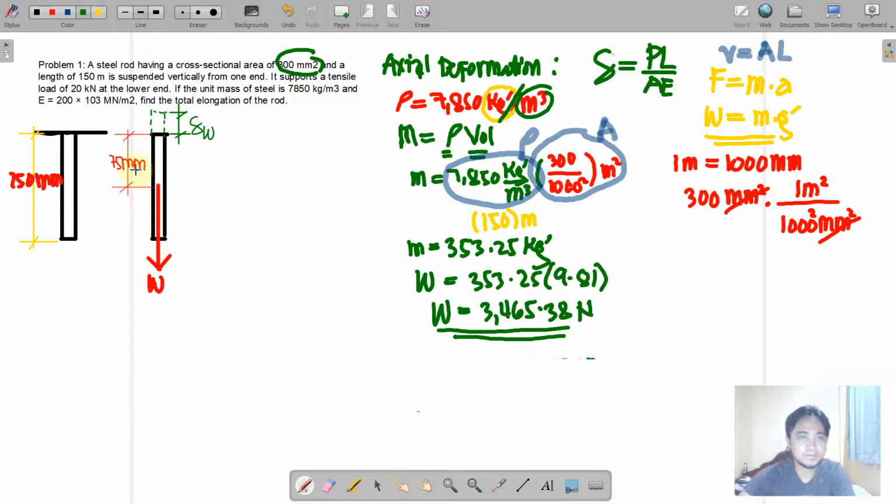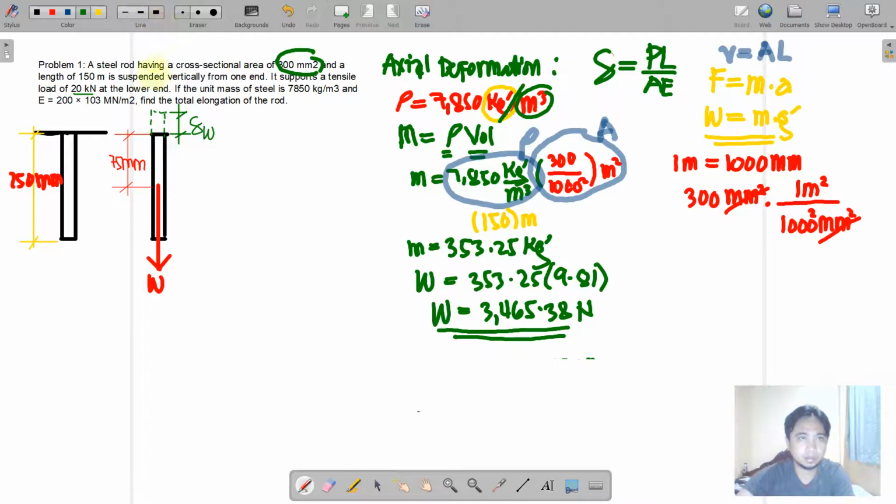Okay, so aside from the weight, since this rod is subjected also to a tensile load of 20 kilonewton, so this is according to the problem, aside from the weight, it is subjected to a tensile force.